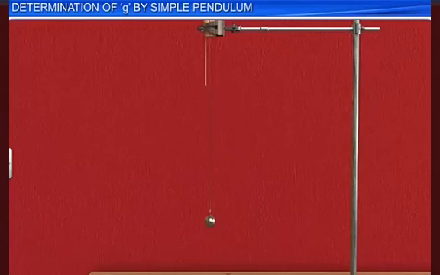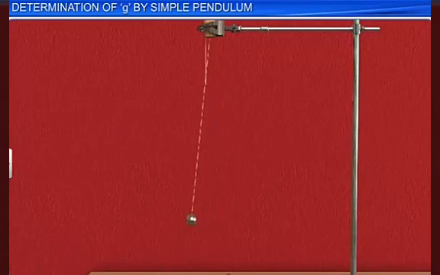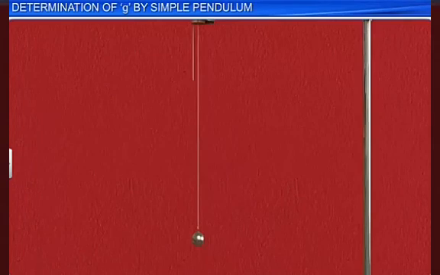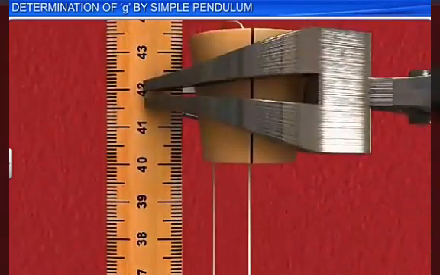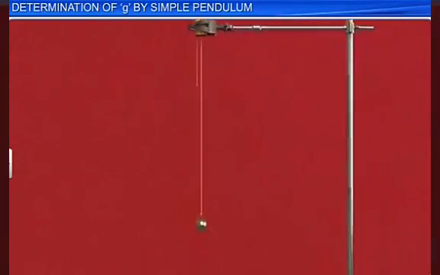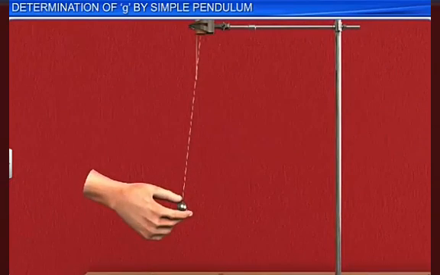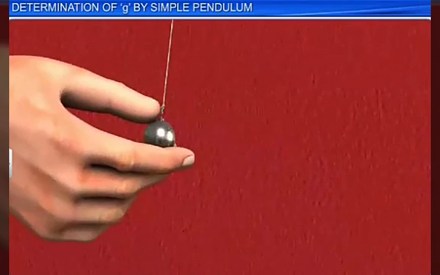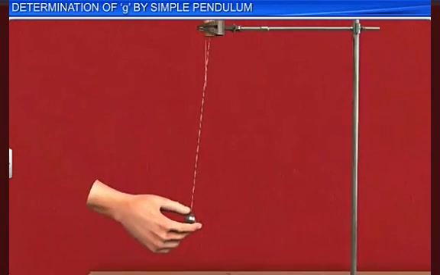To understand how the square of time period depends on length, let us perform an experiment. Consider a simple pendulum of length 40 centimeters fixed to an iron stand. Pull the bob to a side such that the amplitude is not greater than 5 centimeters. Release the bob.